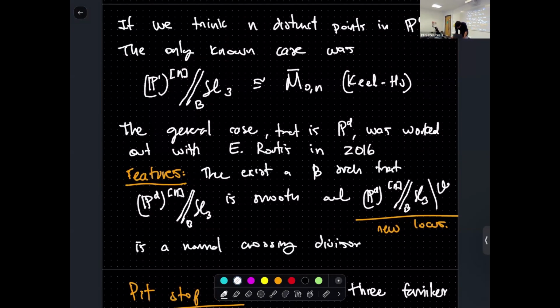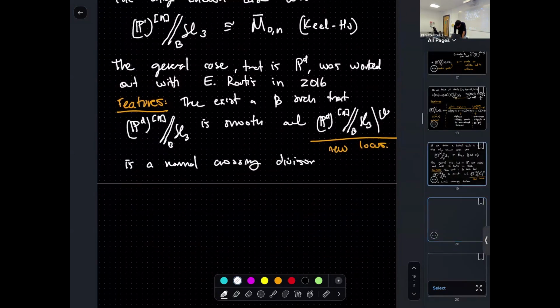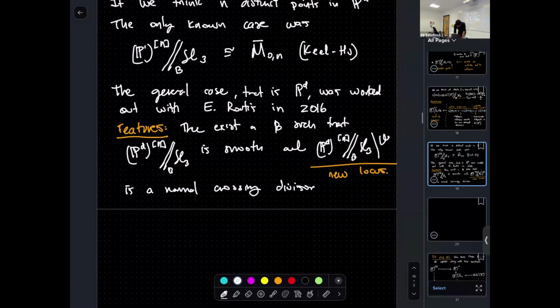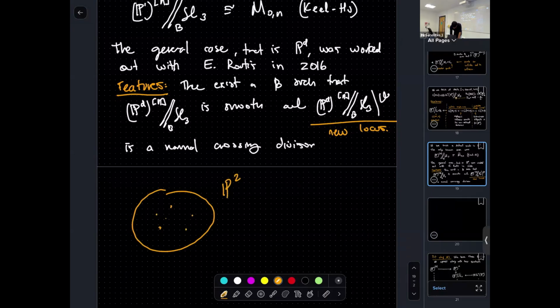I should clarify something here. This is smooth and normal crossing, but what kind of thing do you see in the limit? Remember you have P2 and you have a configuration of points.